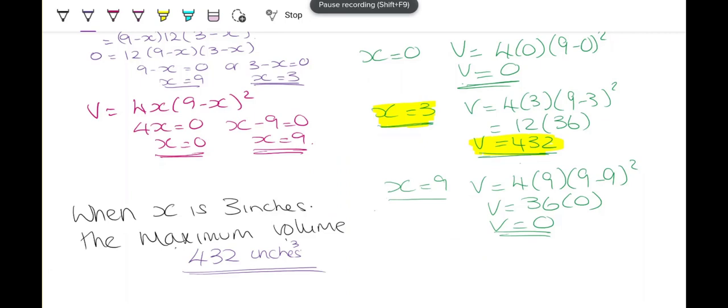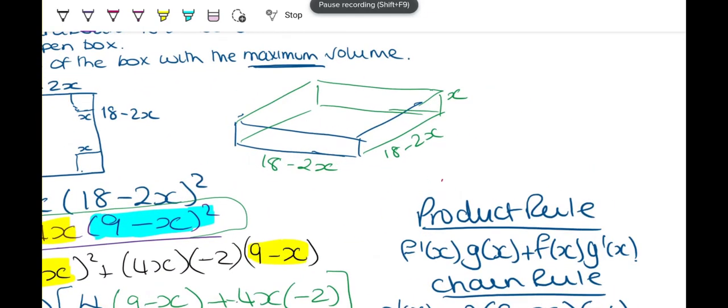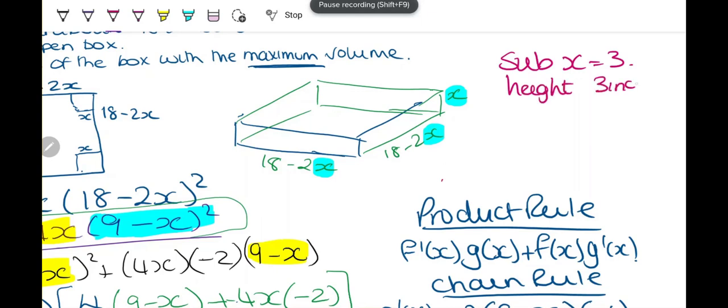So we found our value for x. We said the maximum value is 432, but we need to find the dimensions of the box. So if we go back to our box, we need to substitute x is equal to 3. So the height of our box is 3 inches, and the length and the width are the same.